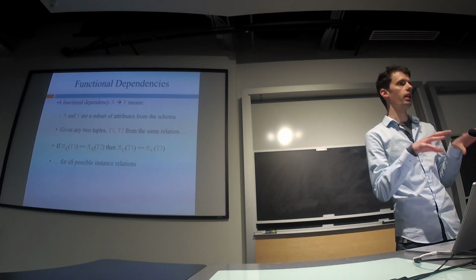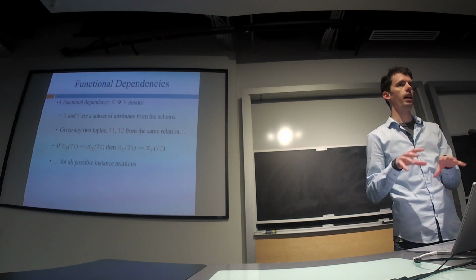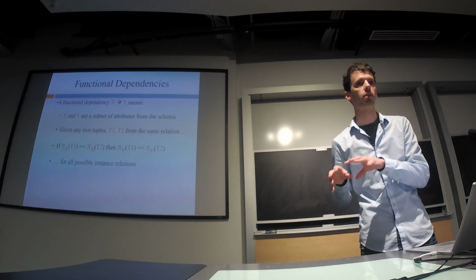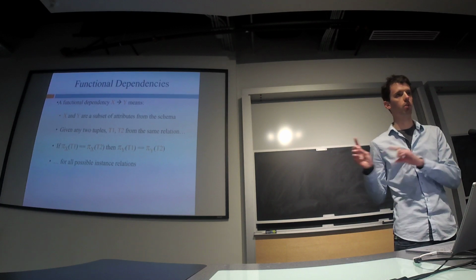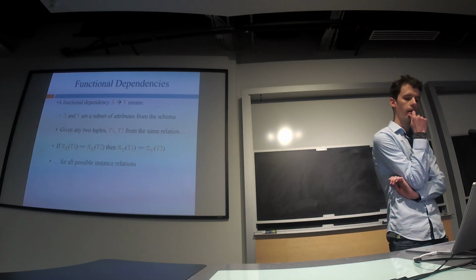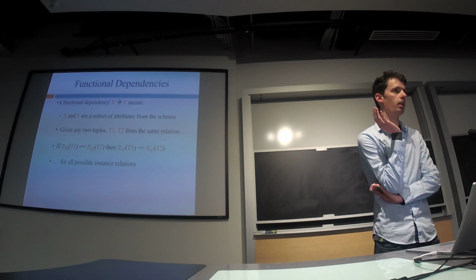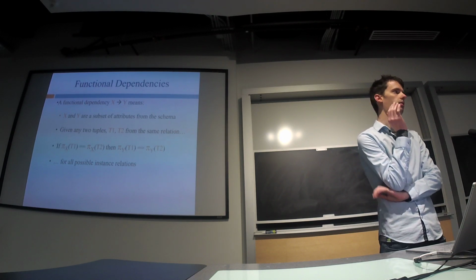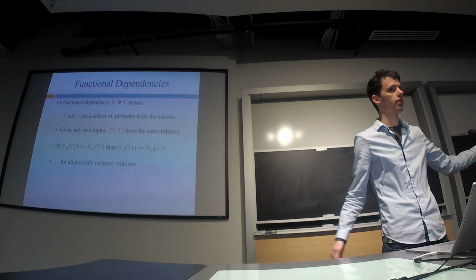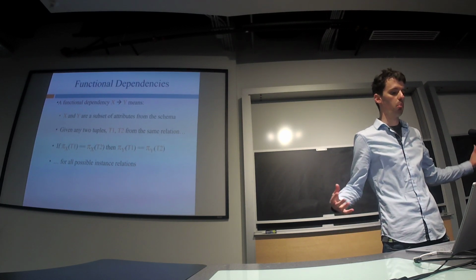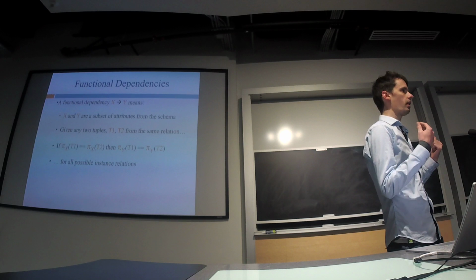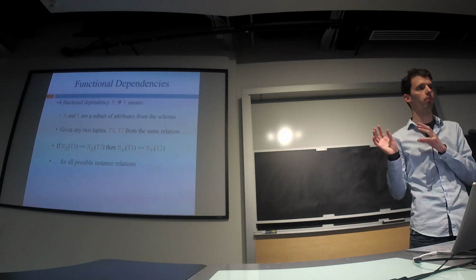So if I project out the X's and they're equal, then if I project out the Y's, they have to be equal, if the functional dependency is true. Okay, so this is for all possible instances of some schema. So whether you have 5 students in the table or 100,000 students in the table, pick any 2 tuples. This has to hold.